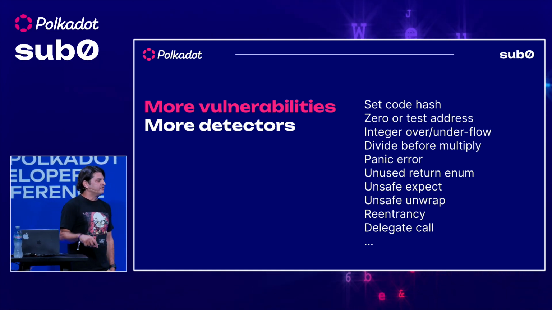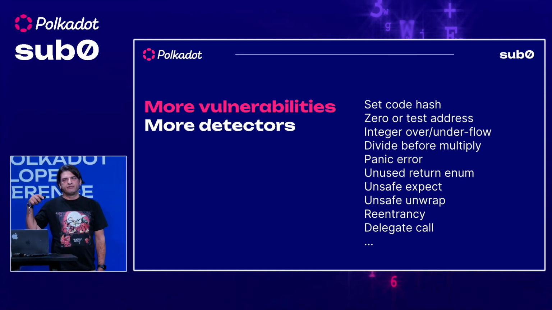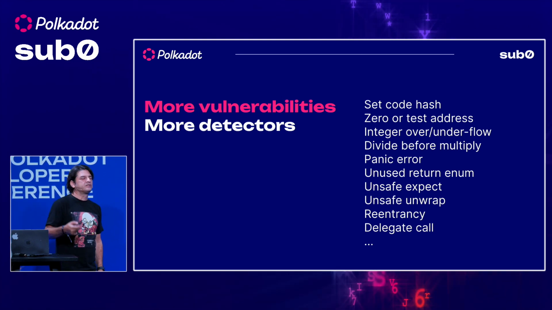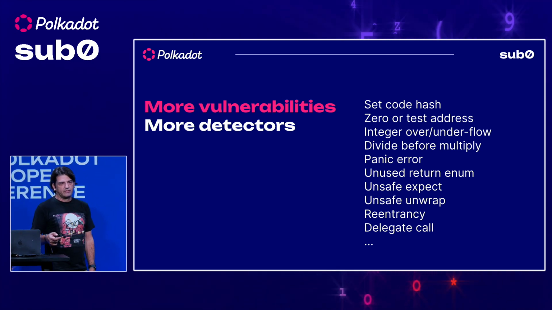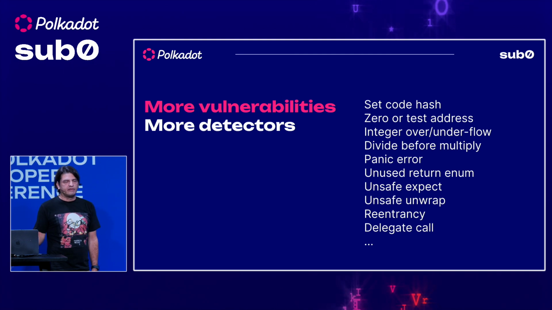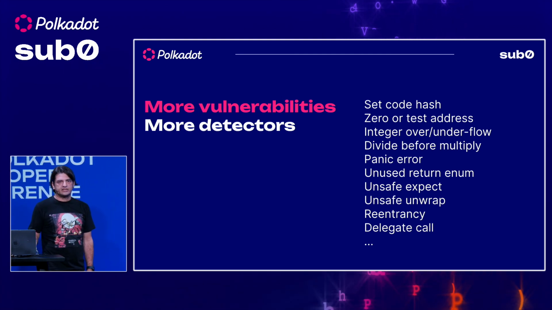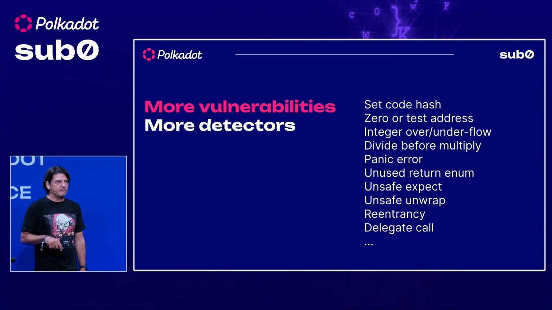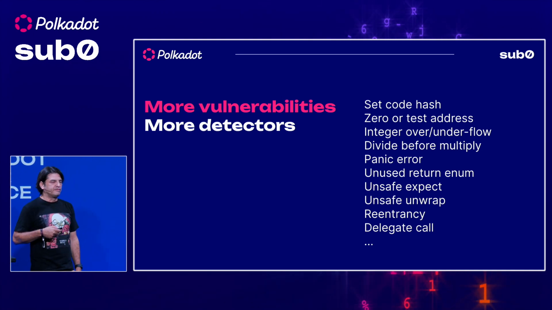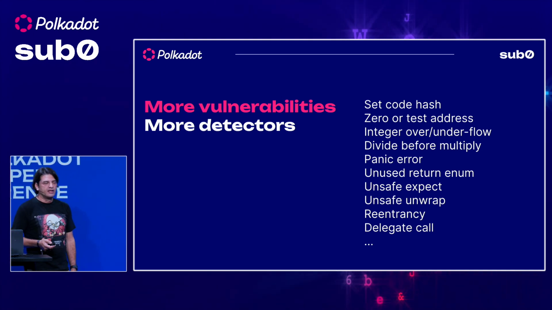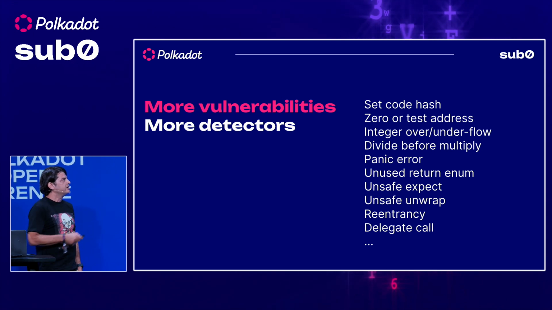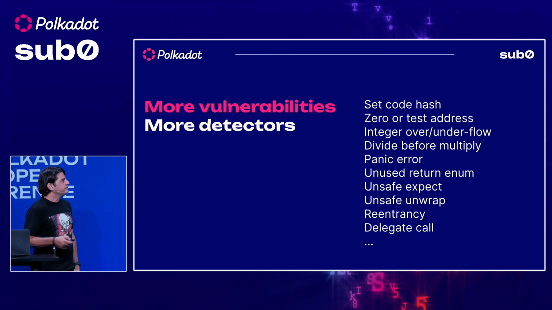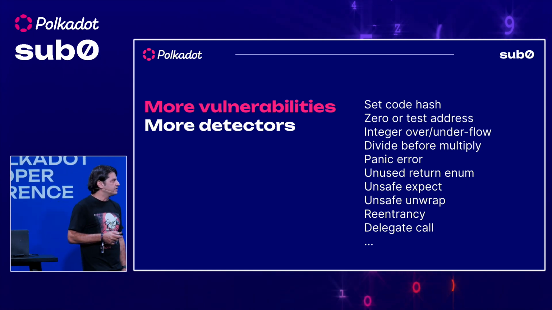So if you develop a contract and you forget to prevent users from, sometimes you allow a user to input an address. And you need to check if the user is using the zero address, because since the private key for the zero address is public, anyone can steal funds or can use that key. So that's why whenever you're setting an address variable, you always check if there's a zero or test address used.